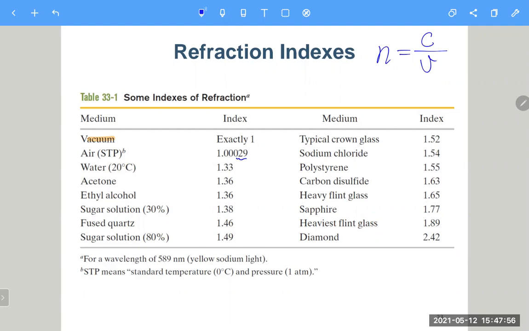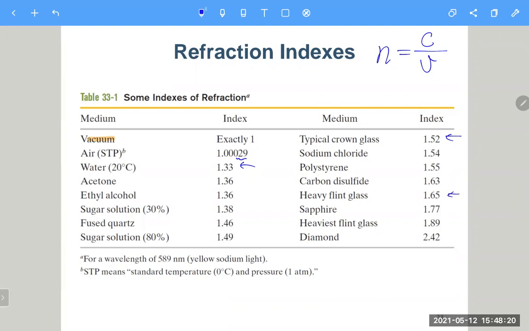And probably when you learned this topic in high school, you also know that for water, the index is around 1.33, and for glass, you can see 1.5, or different kinds of glass.